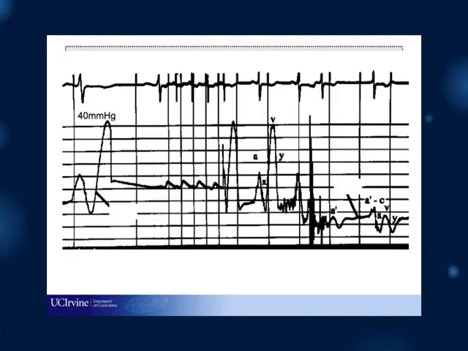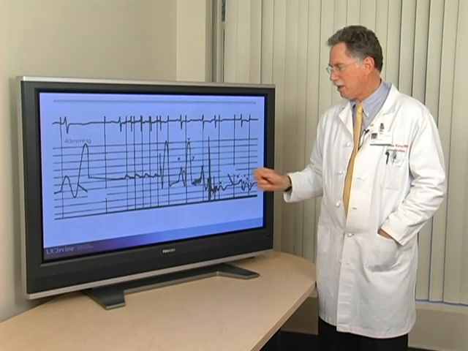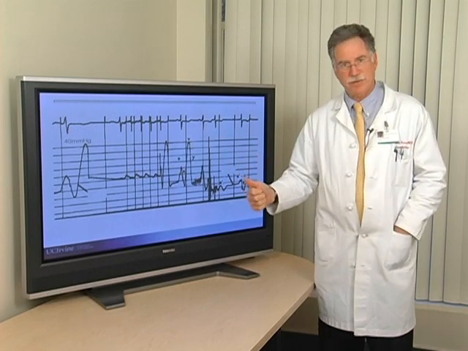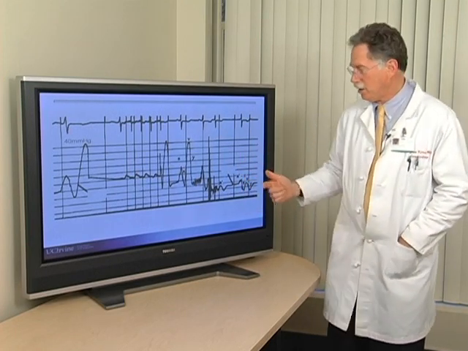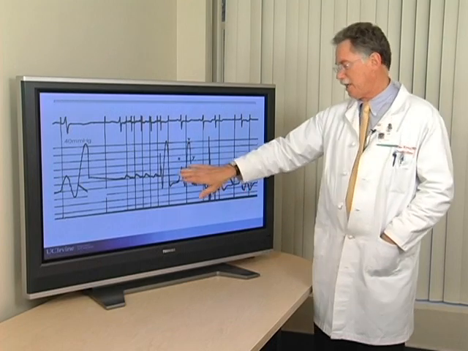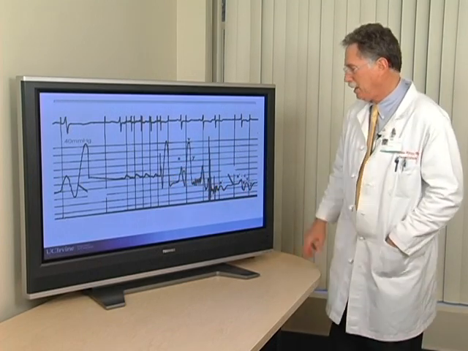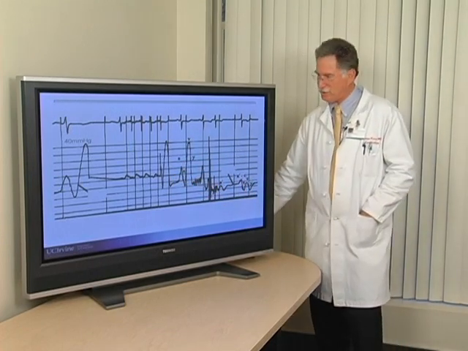So left atrial pressure is higher than right atrial pressure. V waves are often greater on the left side than the right side, and we'll see this relationship in more detail. Big V waves represent a number of things: stiff left atrium, mitral regurgitation, perhaps VSD. In this case, it was due to a high compliance in a patient who had a stiff left ventricle.